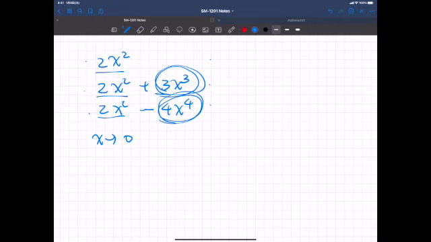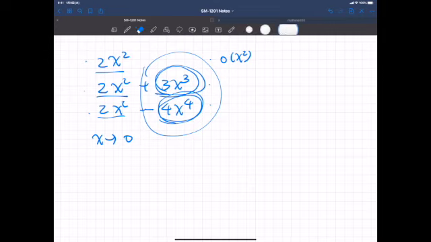That's why we express these terms as little o of x squared, to express the fact that they have a negligible impact on the behavior of these functions. In this way, we can discuss all these functions together without being distracted by the details of the behaviors due to higher order terms.